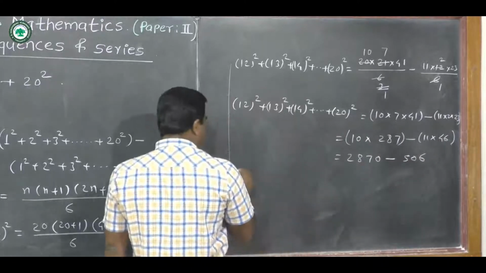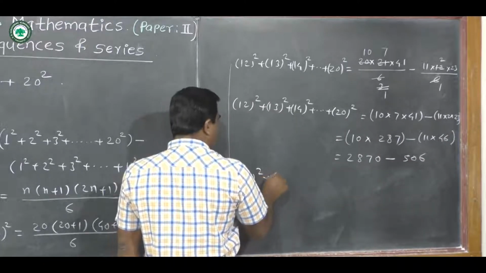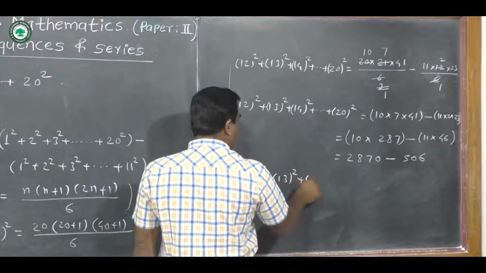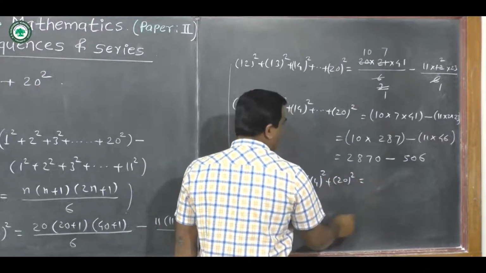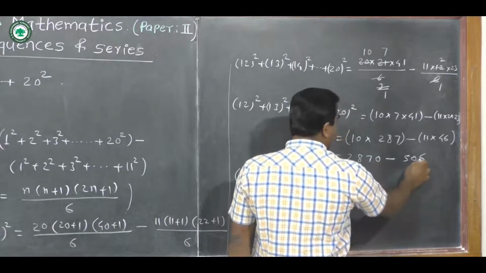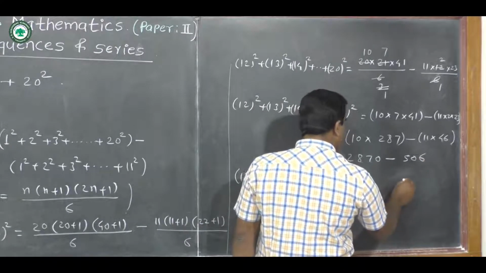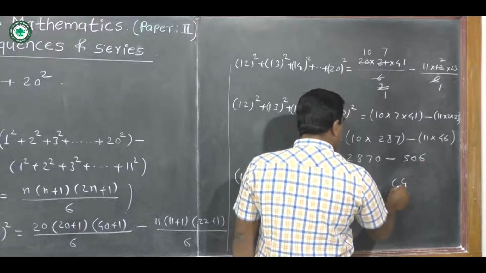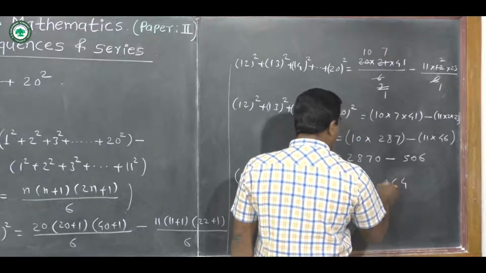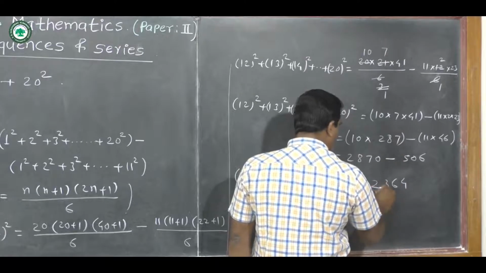That is, we can write here 12 square plus 13 square plus 14 square plus so on up to 20 square equal to, take the subtraction of these two, 10 minus 6 is 4, carry on 1, 7 minus 1 is 6, 8 minus 5 is 3 and 2 minus 0 is 2.